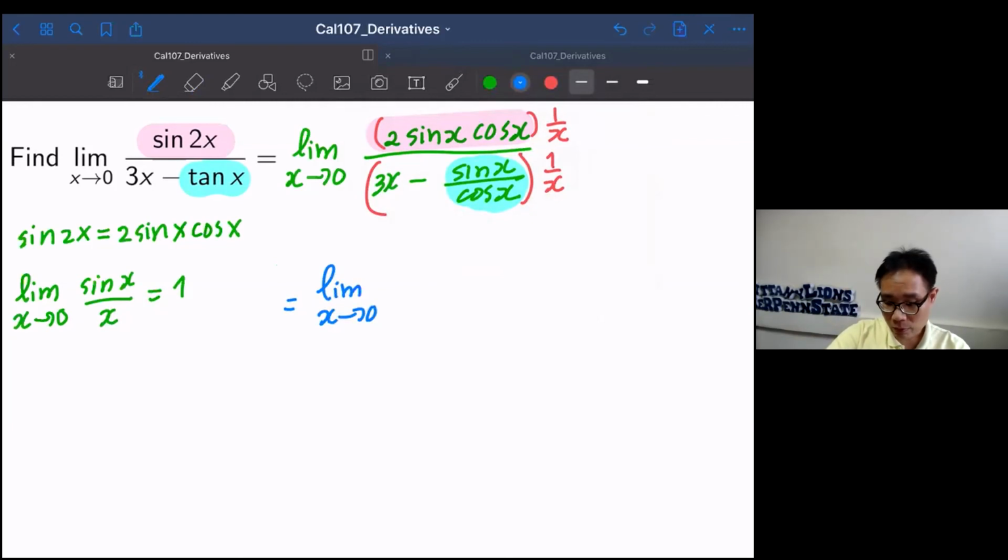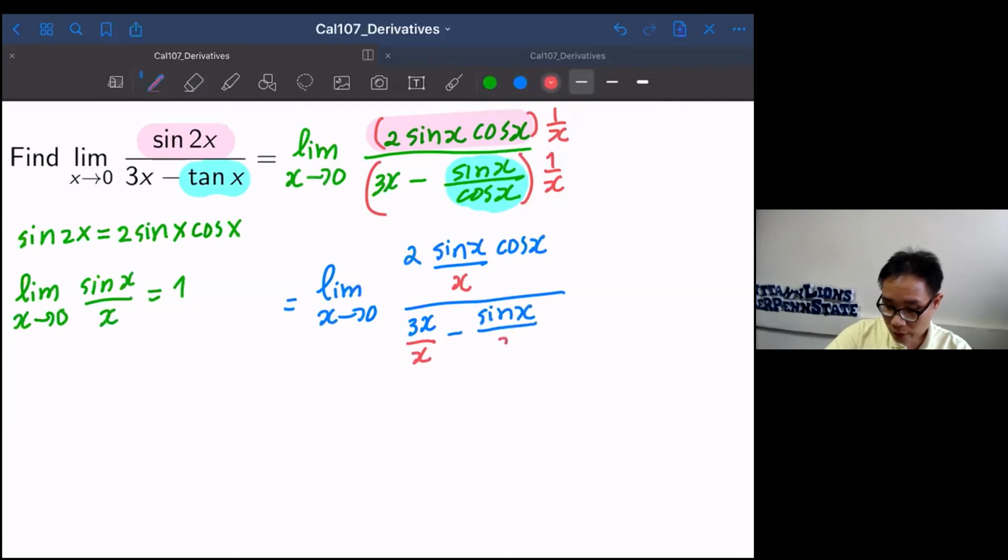On top it's going to be 2, and you have sine x over x, and you have cosine x on top, over 3x over x, minus sine x over x times 1 over cos x.